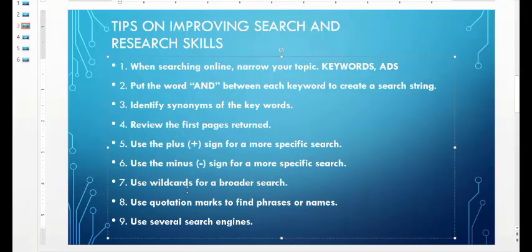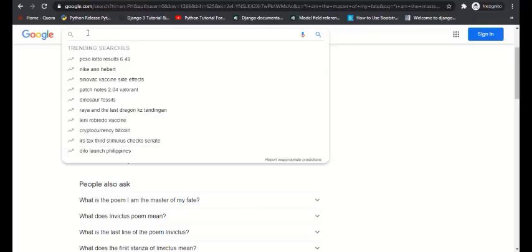Okay, so let's go to the next one. Use quotation marks to find phrases or names. Okay, so let's say for example, you heard something in UCSB, Understanding Culture and, wait, let's give an example for grade 11.